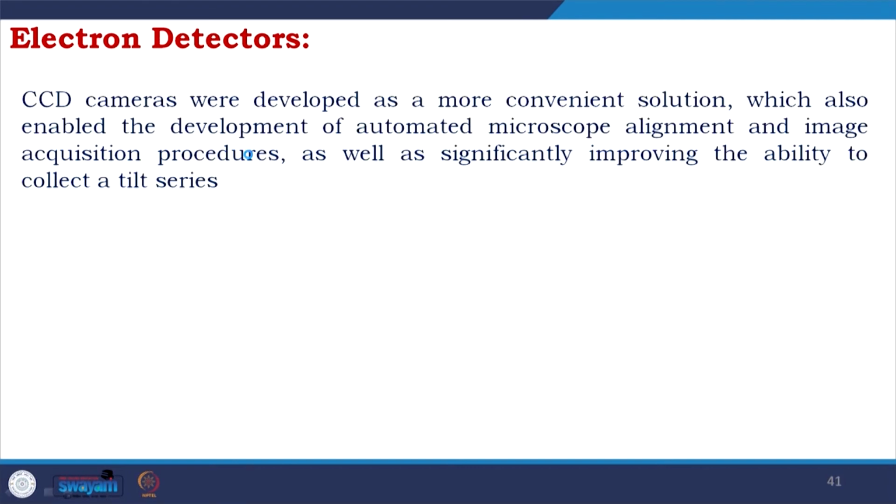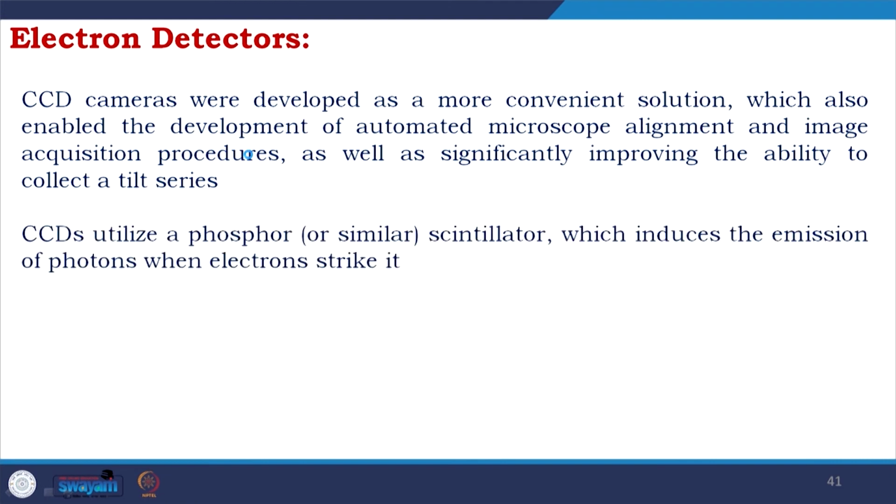CCD cameras were developed as a more convenient solution, which we have also talked about in X-ray crystallography. They also enabled the development of automated microscope alignment and image acquisition procedures, as well as significantly improving the ability to collect a tilt series. CCDs utilize a phosphor or similar scintillator which induces the emission of photons when electrons strike it.